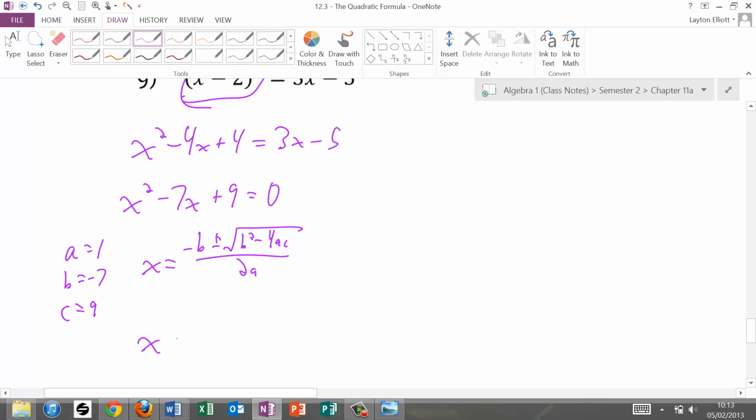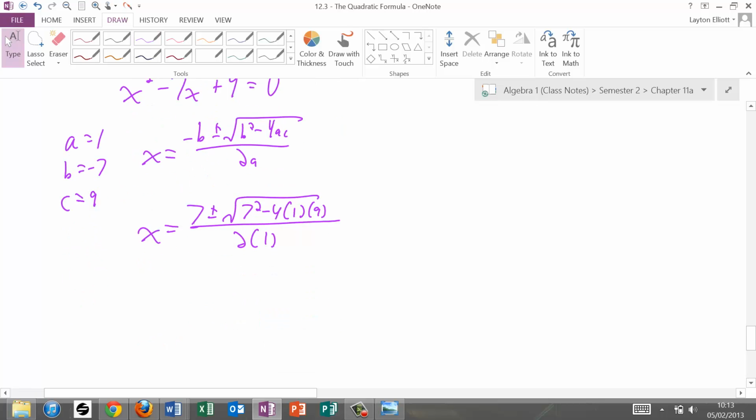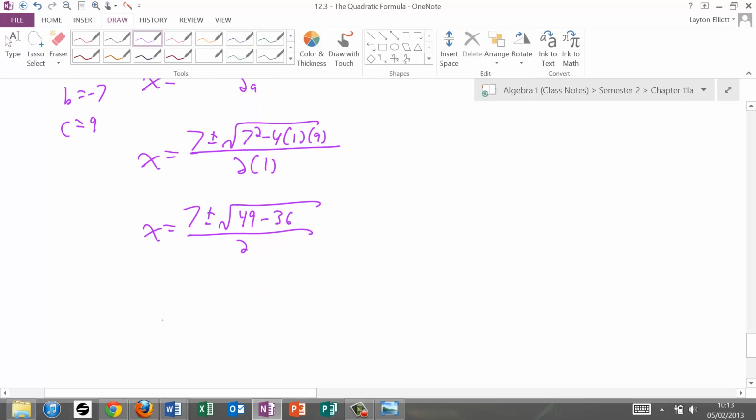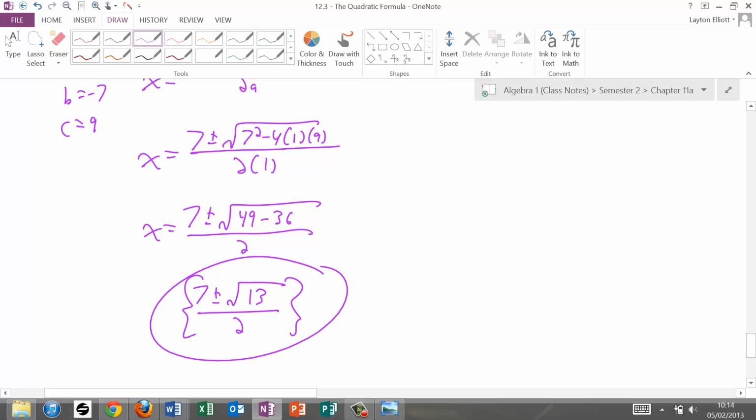All over 2a. x equals the opposite of negative 7 plus or minus the square root of 7 squared minus 4 times 1 times 9 all over 2 times 1. x equals 7 plus or minus the square root of 49 minus 36 over 2. We have x is equal to 7 plus or minus the square root of 13 over 2. We're done with that one.